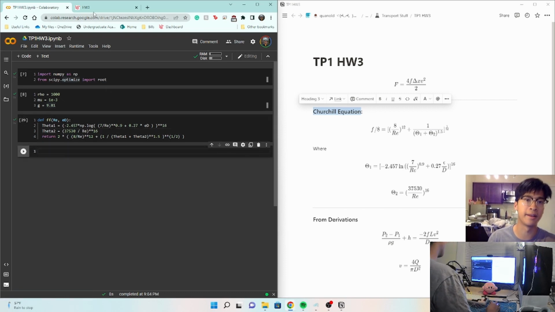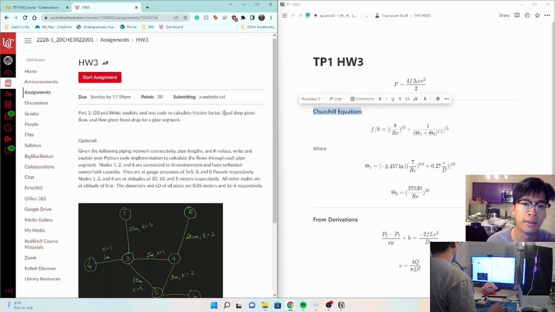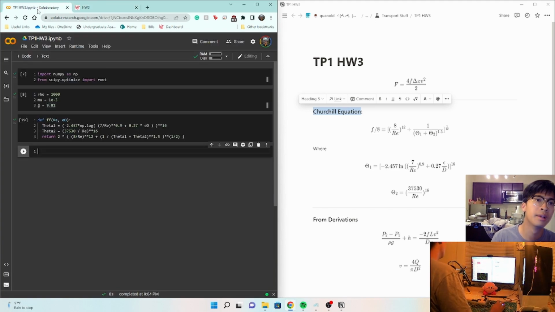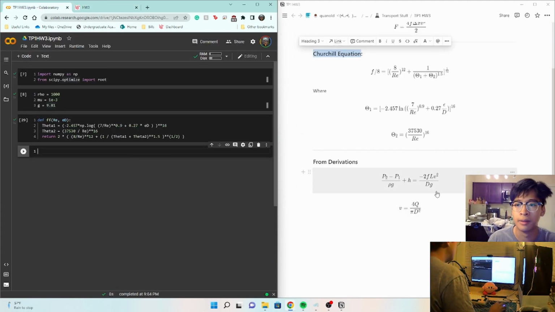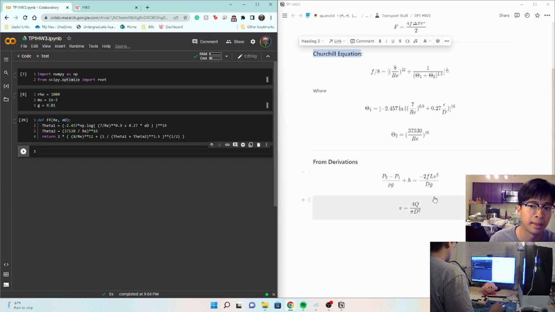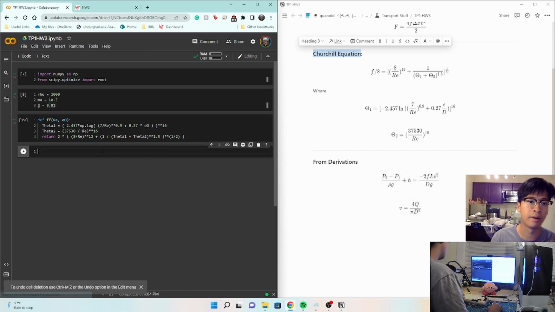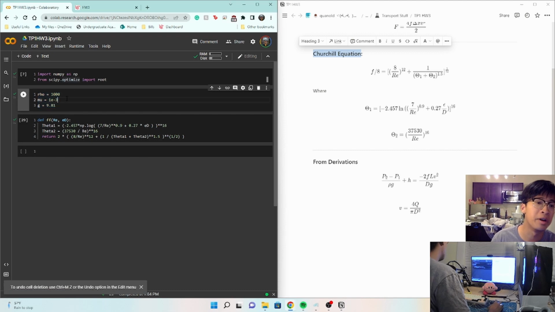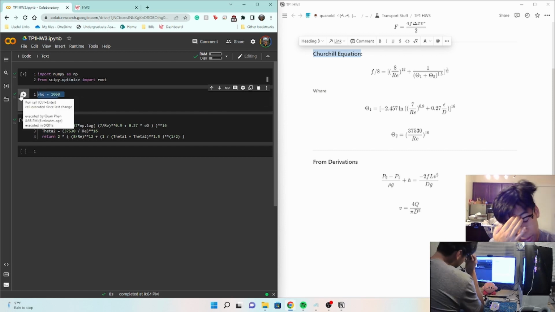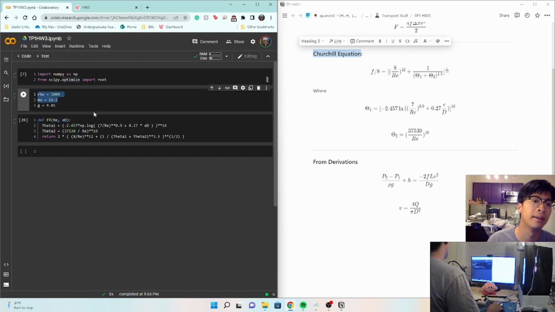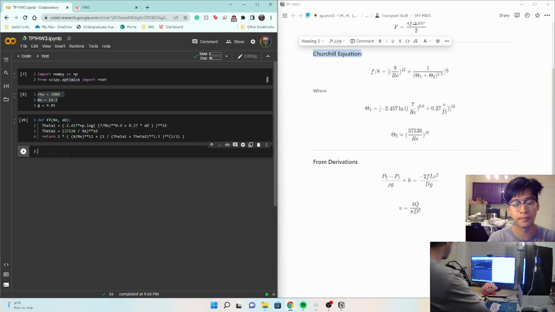The next task at hand is to calculate the head drop given flow. In this head drop equation down here, we notice that, well, flow is being used in the velocity term, which is on the right side, which tells me I'm going to be calculating the equation on the right side. So let's go off and, by the way, we have some parameters defined, rho, density, viscosity, and g. And you notice that the density and viscosity defined lines up with that of water, okay?